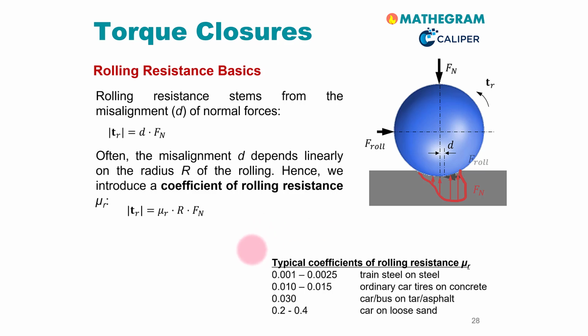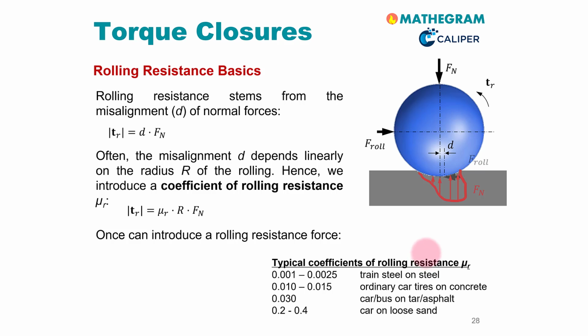The typical values of this rolling resistance coefficient mu r range from 10 to the power of minus 3, so 0.001, to about 0.4 or 0.5 for a very soft material like loose sand, for example.